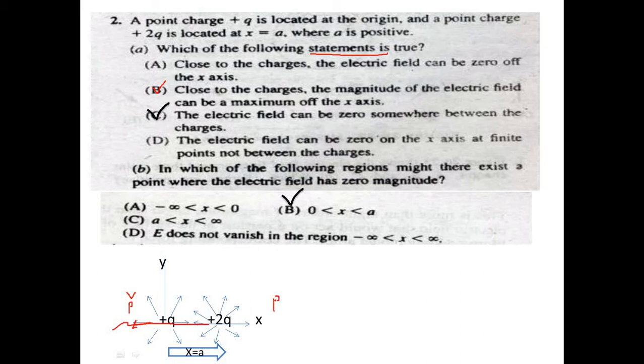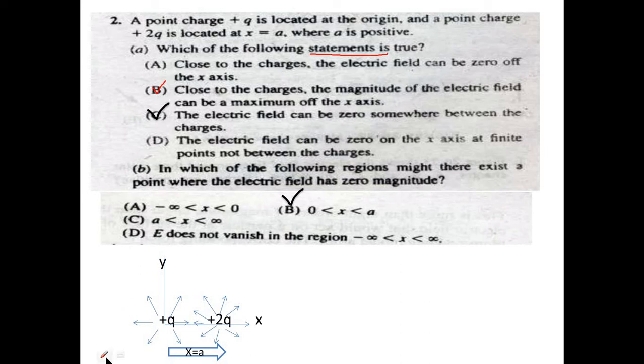Also at this point, the field due to the plus 2Q charge is along this direction, and the plus Q charge's is along this direction. So both support each other, and off the axis there is a possibility that the electric field would be maximum. So option B is the correct option.